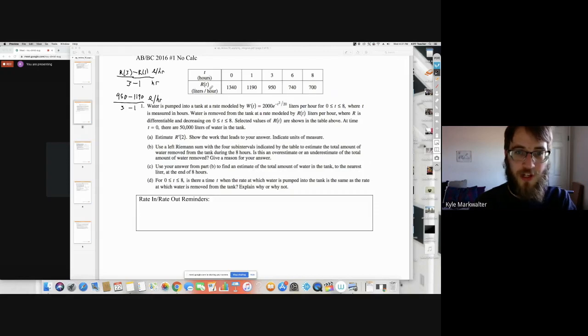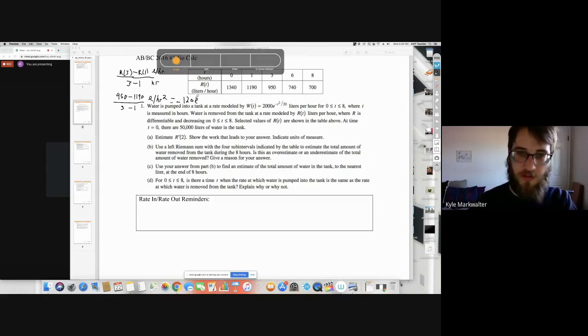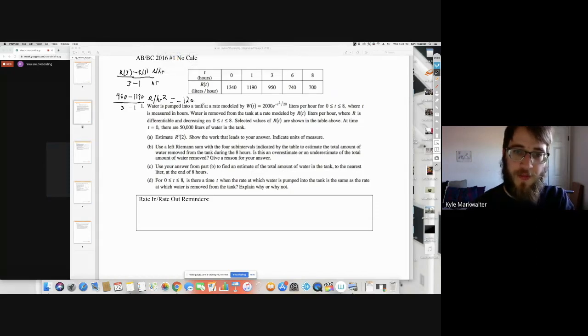So to find the rate of change of a rate, it's liters per hour squared. Turns out it's negative 120 if you simplify that, negative 120 liters per hour squared. You did need to include the units there. So if you did not do that, you would have lost that one. Liters per hour squared.